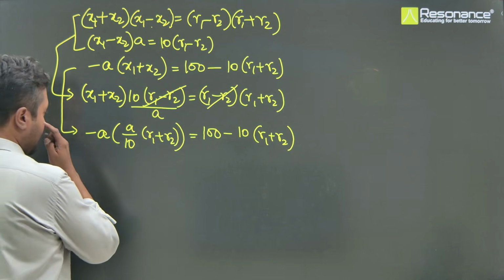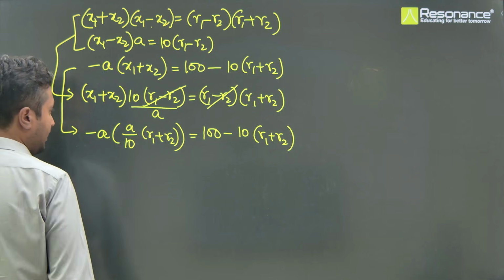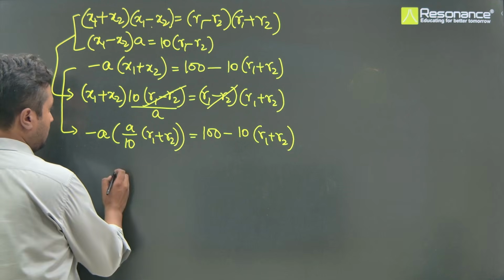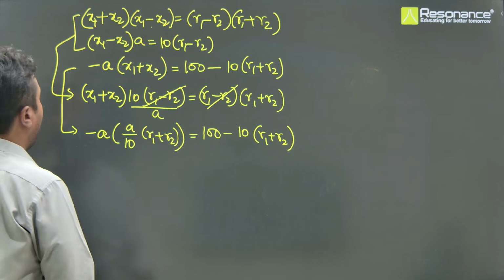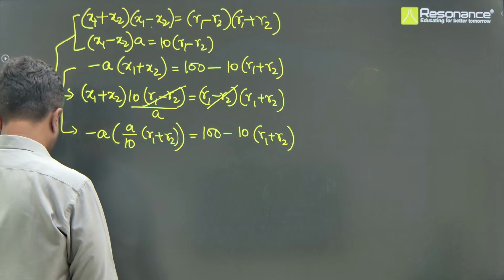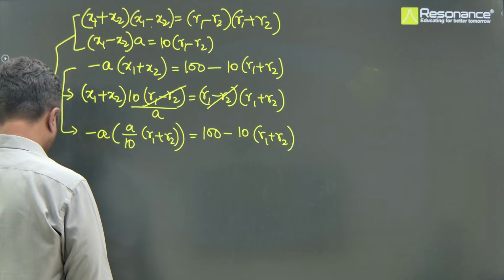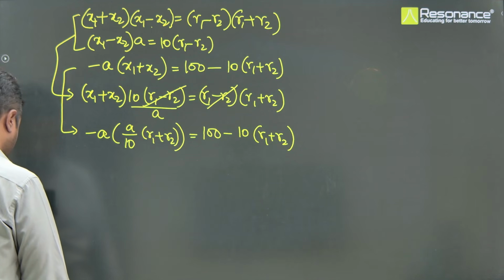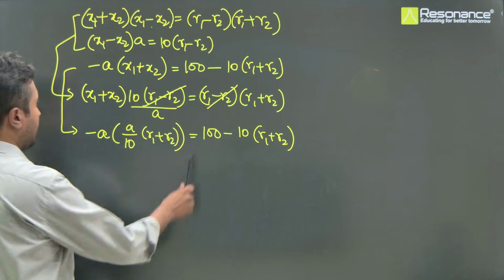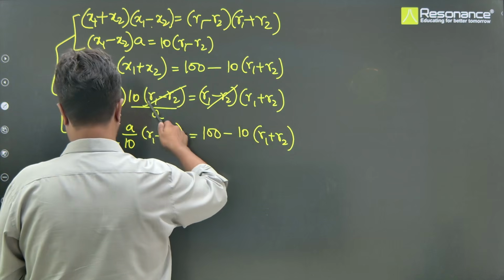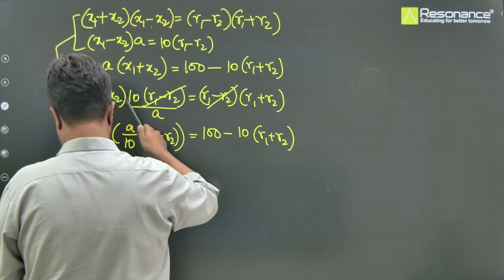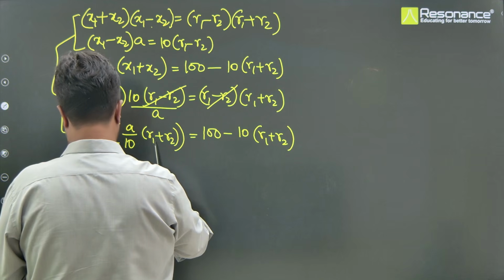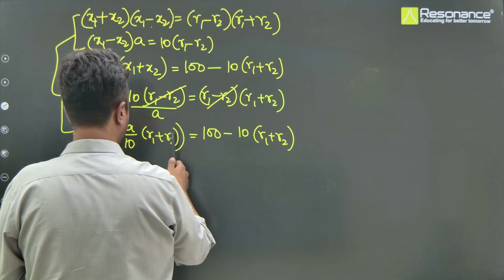But let's see what that looks like. How did I do it? Okay, R1 plus R2 is equal to 10 times (x1 plus x2) divided by a. Okay, next minus a square by 10 (R1 plus R2) plus a square.